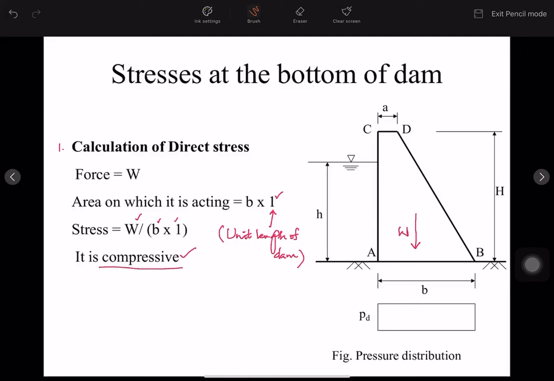It will have a pressure distribution diagram of uniformity, that means a rectangular shape of pressure distribution diagram, right? So this we can write as P suffix T, which is shown here.